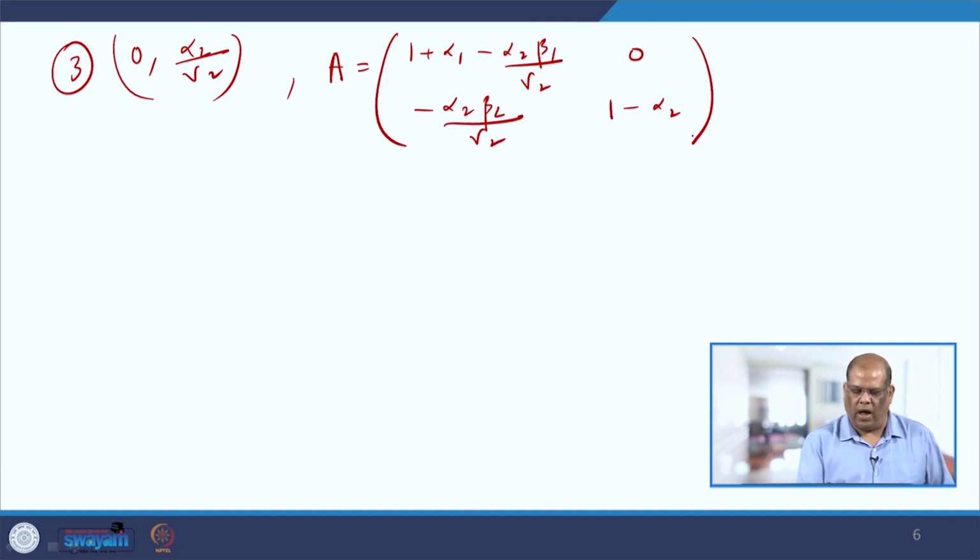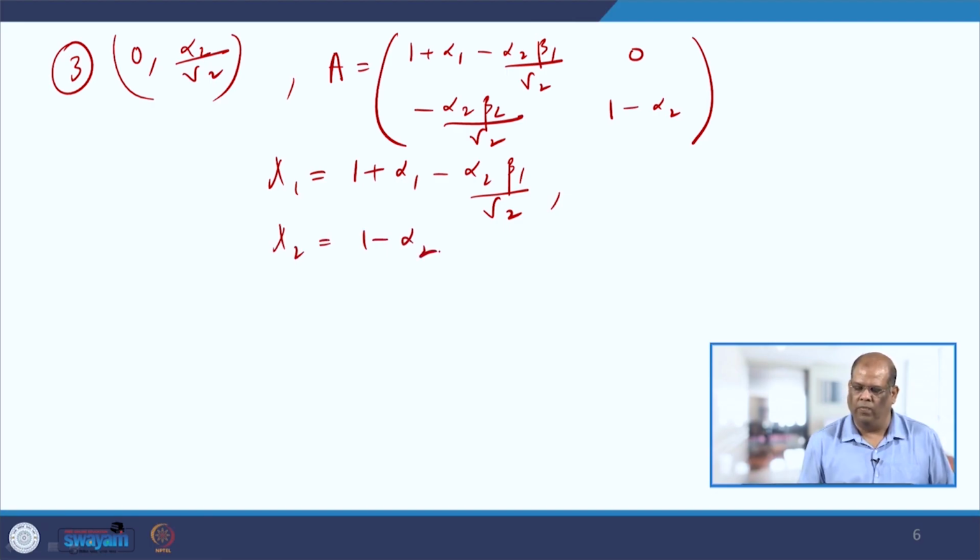So, if you see the eigenvalues, lambda 1 is 1 plus alpha 1 minus alpha 2 beta 1 divided by gamma 2, and lambda 2 is 1 minus alpha 2.